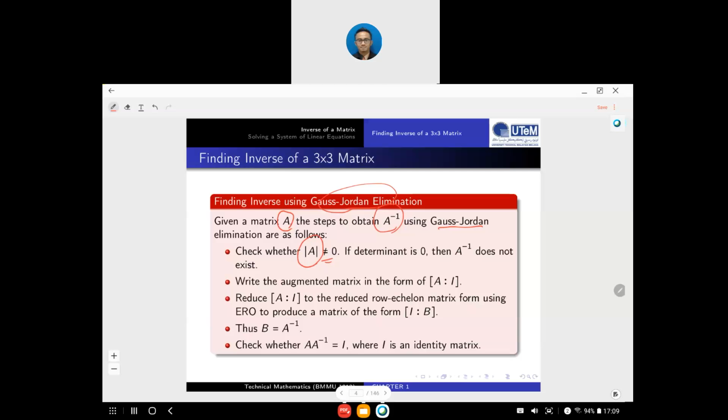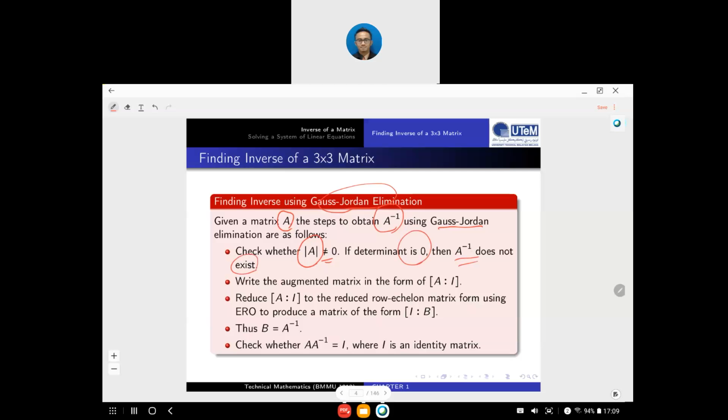If the determinant is zero, then A inverse does not exist. Automatically, when you have determinant equal to zero, A inverse does not exist. If the determinant is not equal to zero, then A inverse exists.